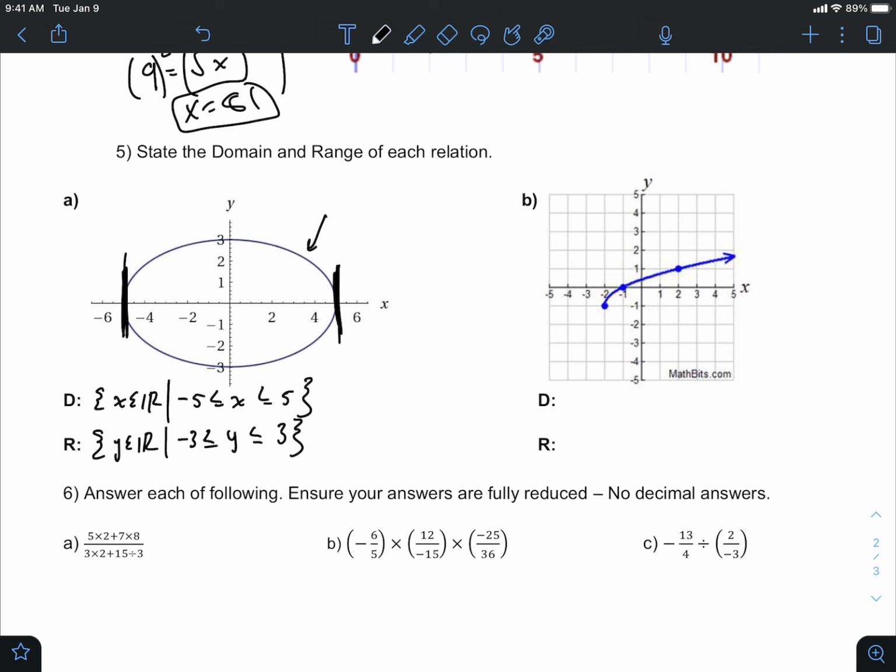Just out of curiosity, do you need to use the variables x and y? Does it matter? I think domain is typically x and range is typically y. If you had a graph of something else, like distance time, then make sure you're keeping it consistent: the independent variable goes with the domain and the dependent variable goes with the range.